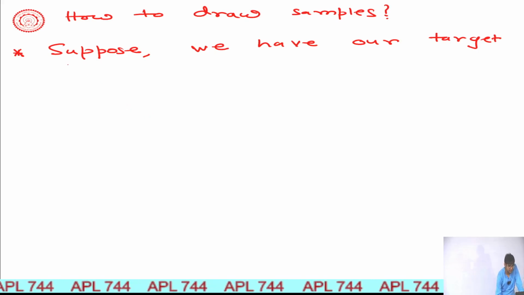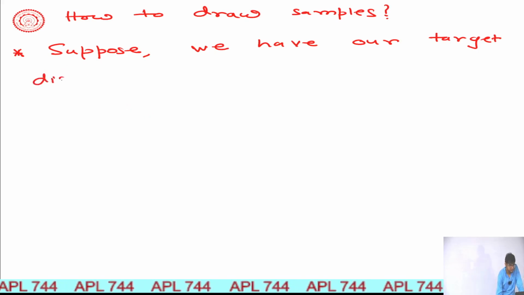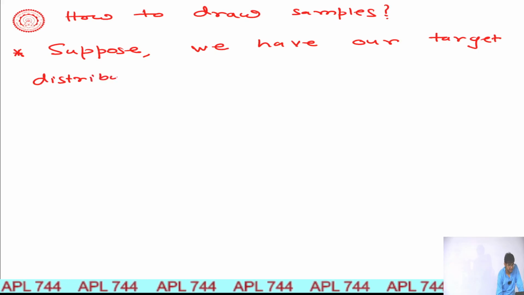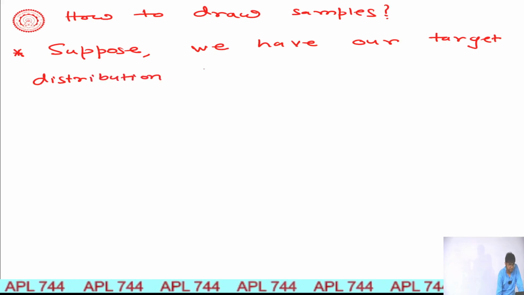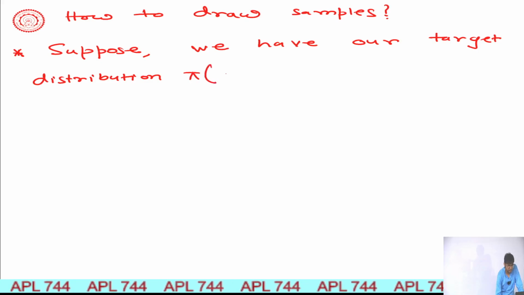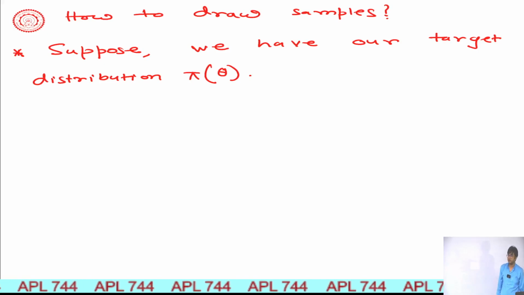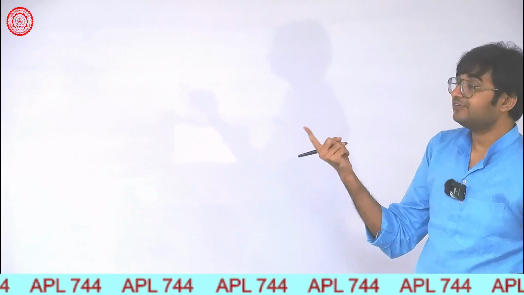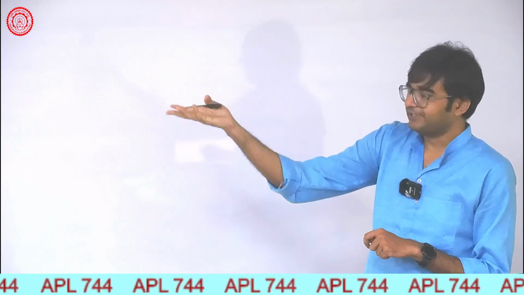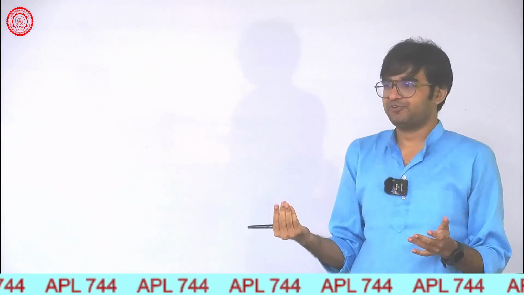We have our target distribution pi of theta, and this is the distribution from which we want to sample. So if pi of theta is Gaussian, we want to sample from Gaussian. If pi of theta is uniform, we want to sample from uniform.